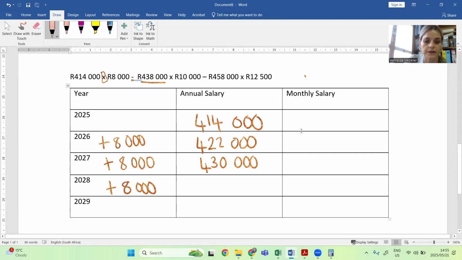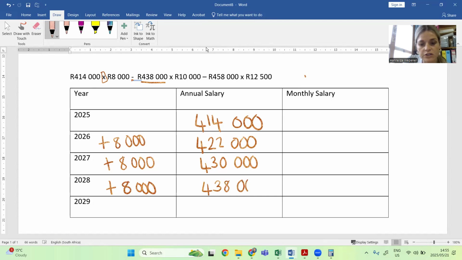Now, at the end of 2028, the maximum amount that he can earn is 438,000, which is the next salary notch. After this, his salary will increase by 10,000 Rand every year until he reaches a salary of 458,000.